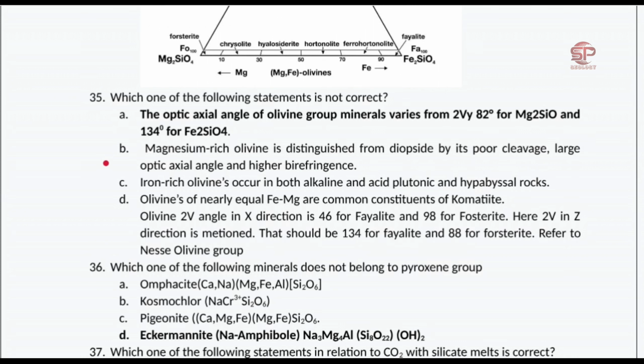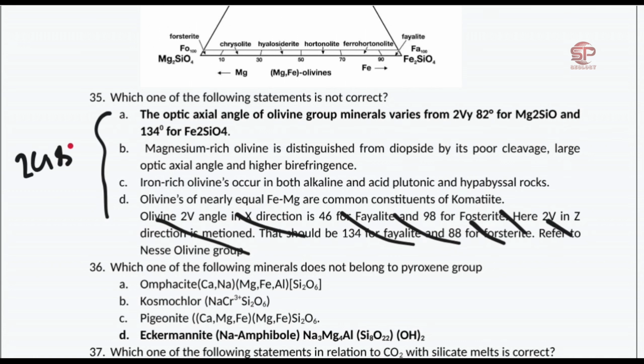This is the question: which one of the following statements is not correct? We have four options. The first option: the optic axial angle of the olivine group minerals varies from 2V gamma 82 degrees to 134 degrees. I will show you in the book, Deer, Howie and Zussman.